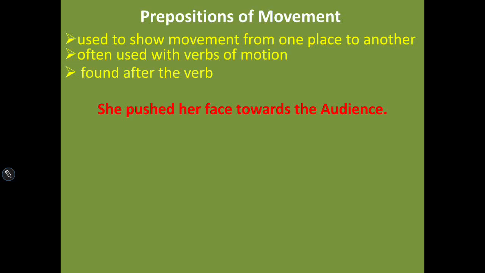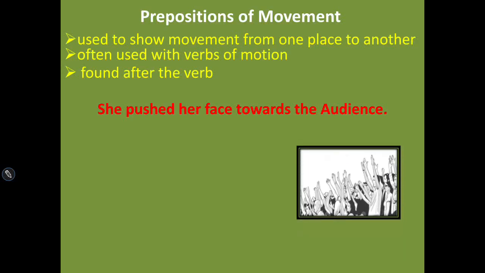Which word here is the preposition of movement? Yes, towards. She pushed her face. What is pushed here? Pushed here is the verb of motion. And you will see that the preposition towards is placed after the verb.